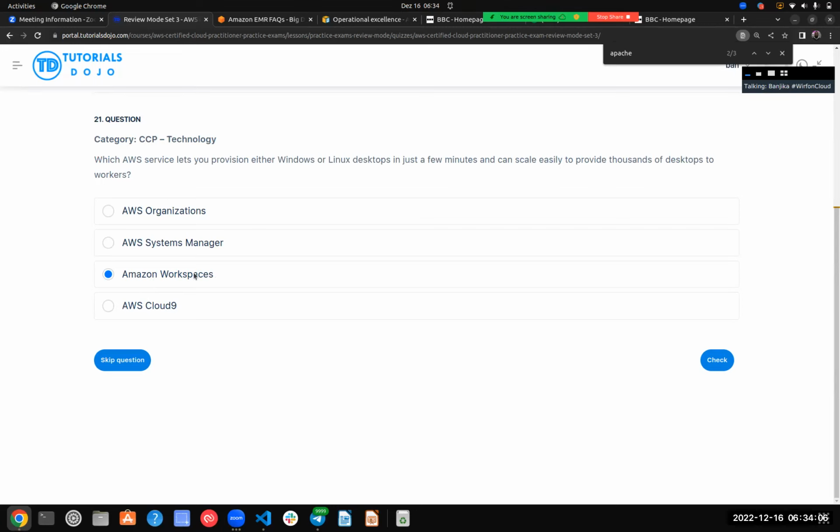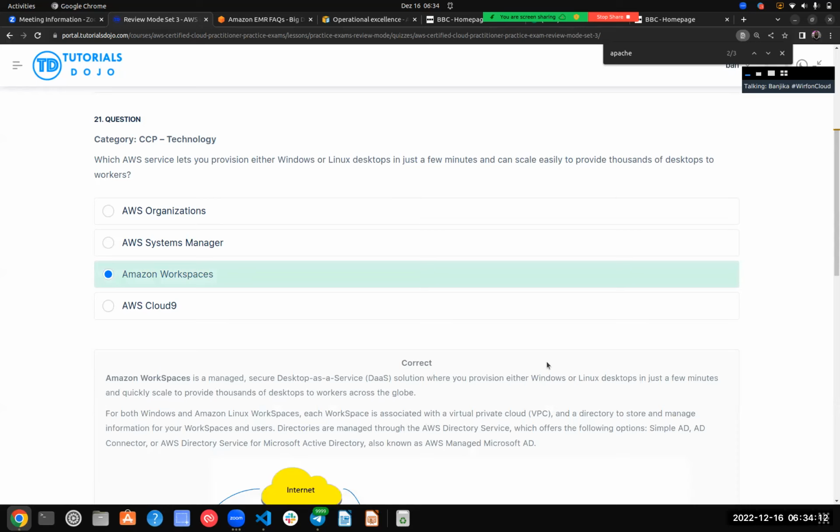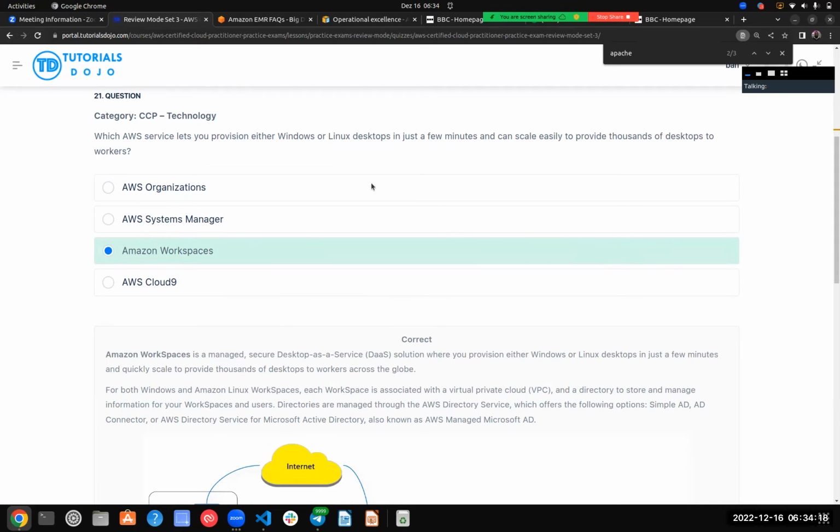Which service should you learn alongside Amazon WorkSpaces that I always talk about? AppStream, right? WorkSpaces lets you provision Windows or Linux desktops in just a few minutes, thousands of desktops, but AppStream will be a service that runs your applications in the desktop environment.